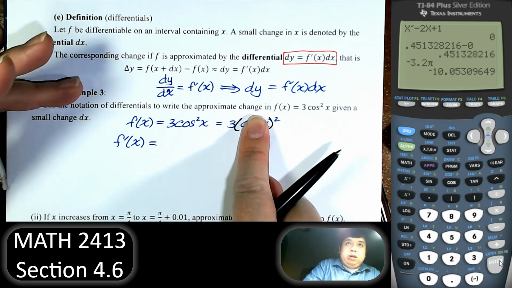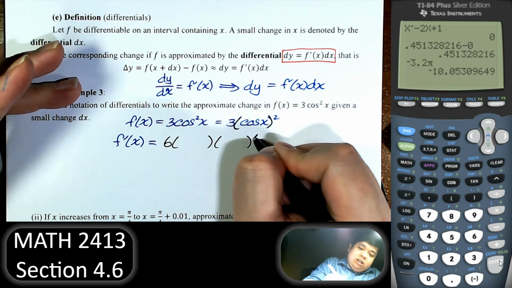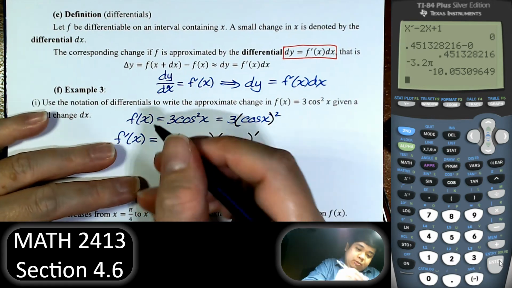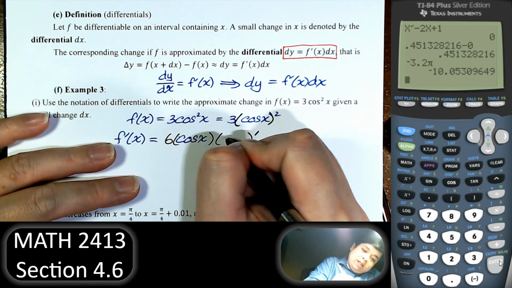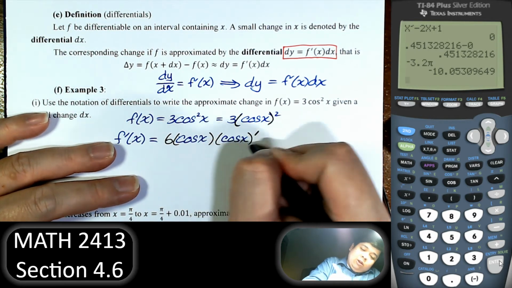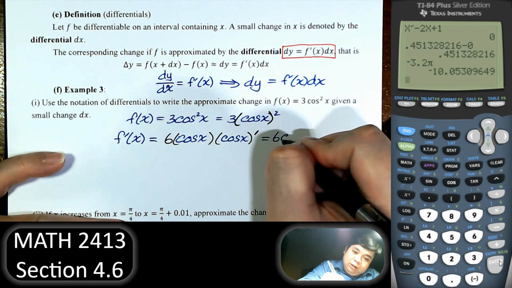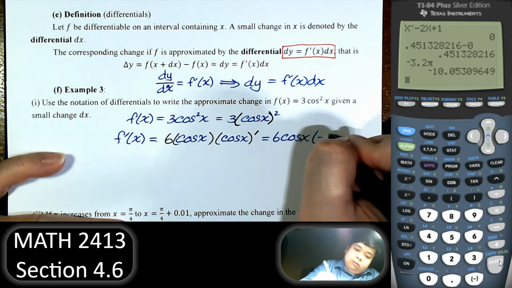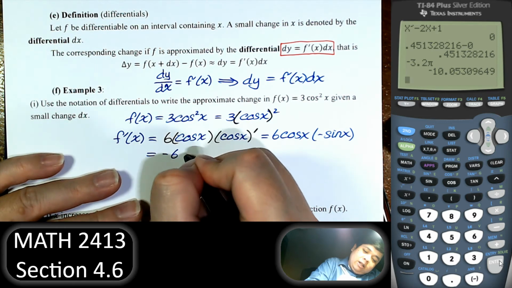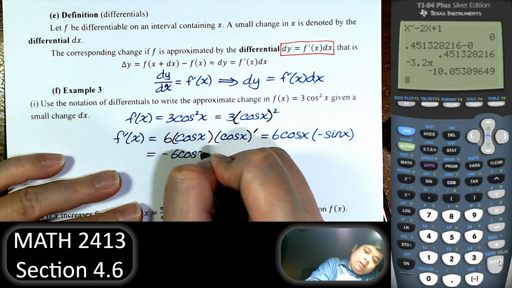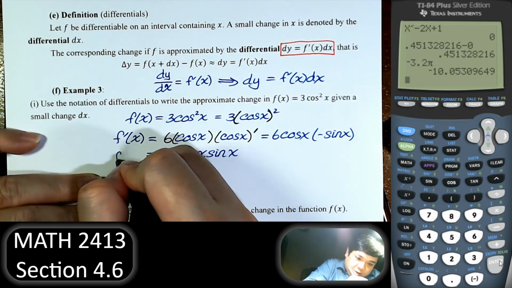The derivative of that is going to be 6 times the parentheses and the derivative of the parentheses. That is the chain rule. And inside the parentheses is cosine of x. The derivative of cosine is negative sine. Put them together, we have negative 6 cosine x sine x. Let's just write the derivative.